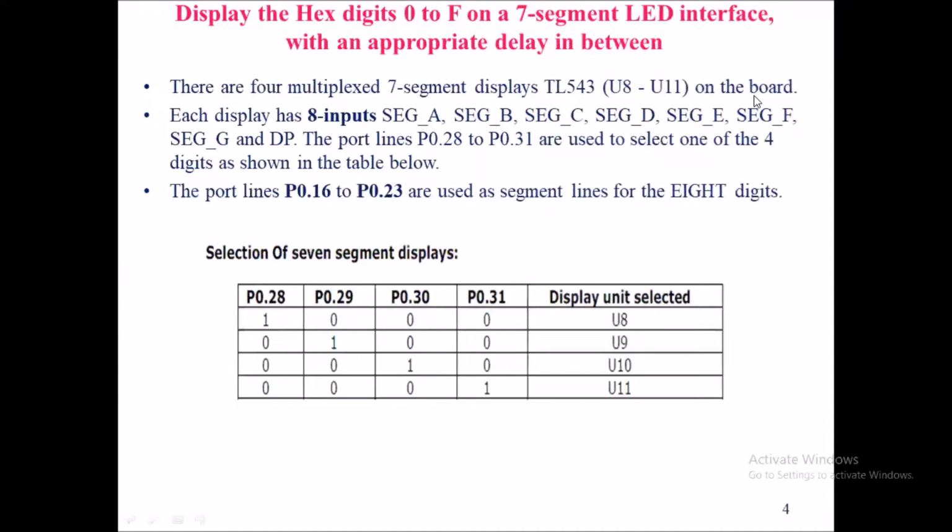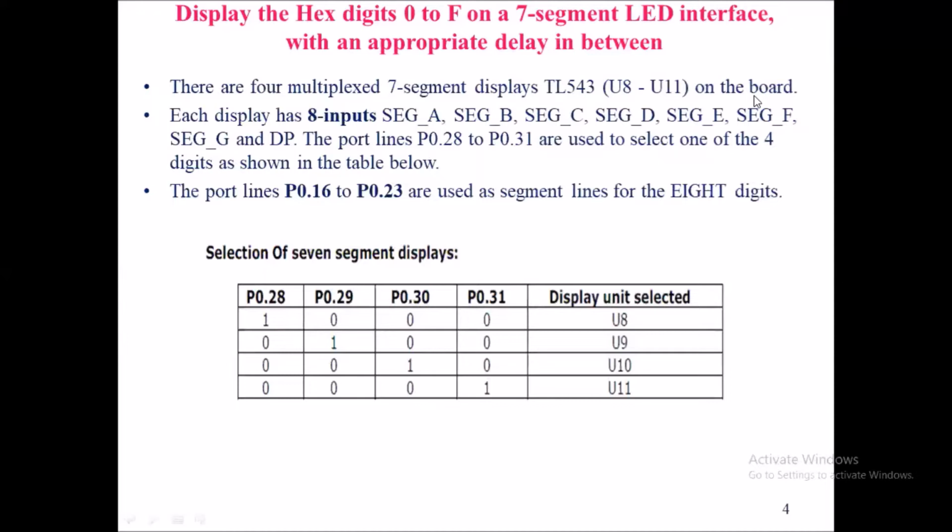Unit 8 is associated with the port 0 28th pin. Unit 9 is associated with the port 0 29th pin. Unit 10 is associated with the port 0 30th pin. Unit 11 is associated with the port 0 31st pin.